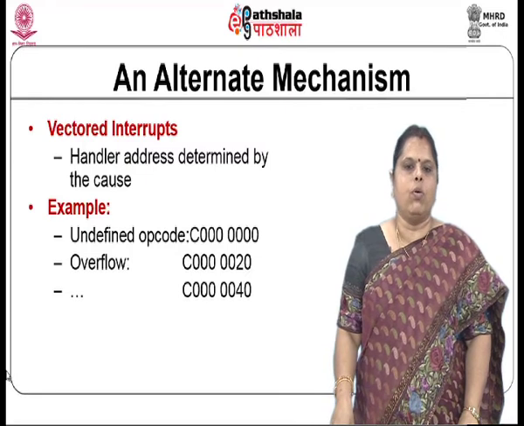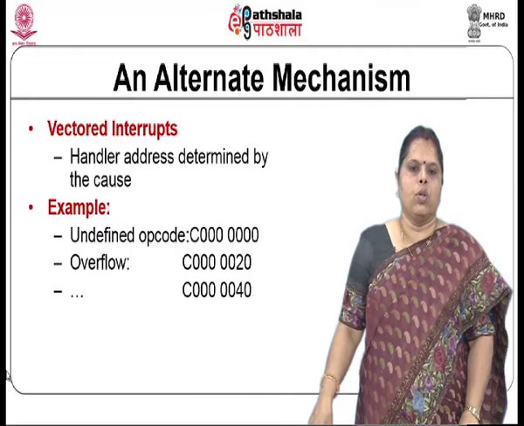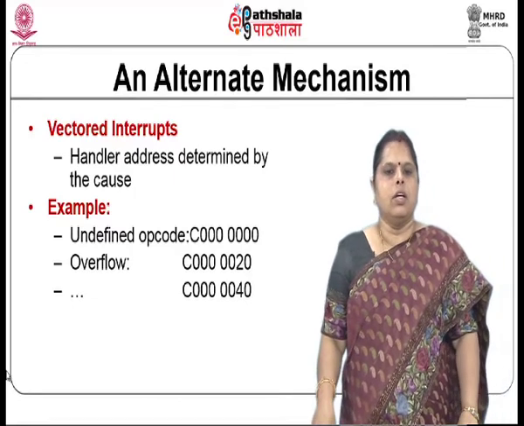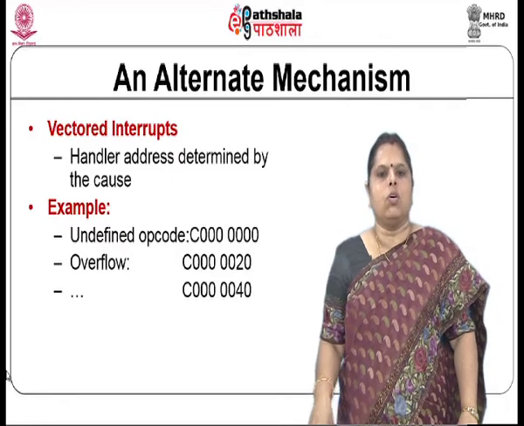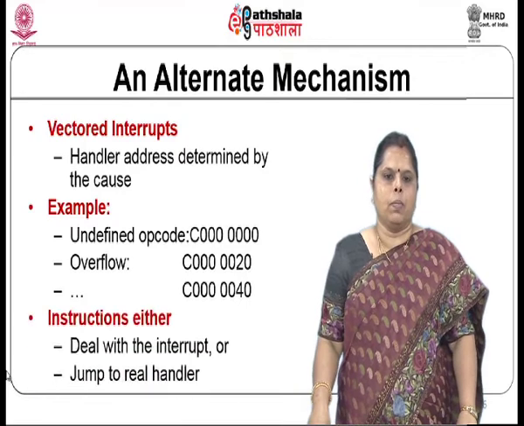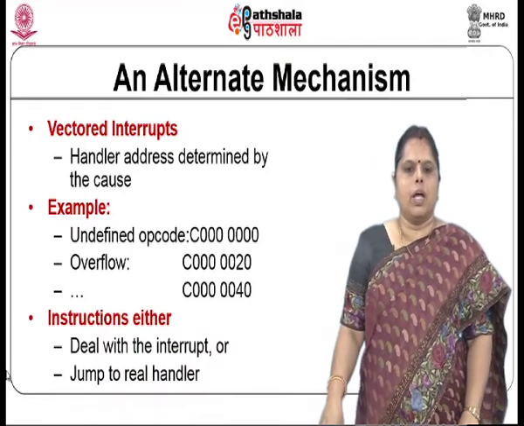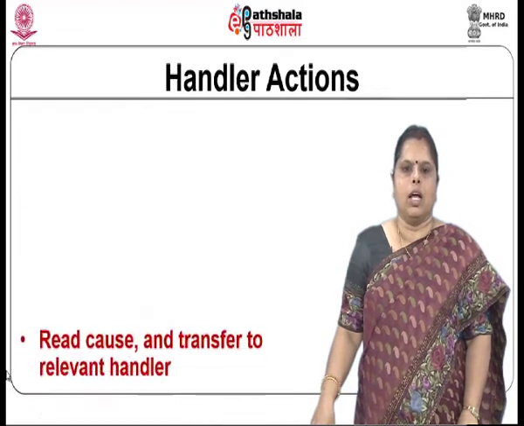If it is an overflow exception, then you might have a different exception handler, and so on. So, every handler address is determined by the cause of the exception. Now, these types of exceptions are called vectored interrupts. Every processor handles it differently. Now, the instructions may either deal with the interrupt, or you may jump to the real exception handler.